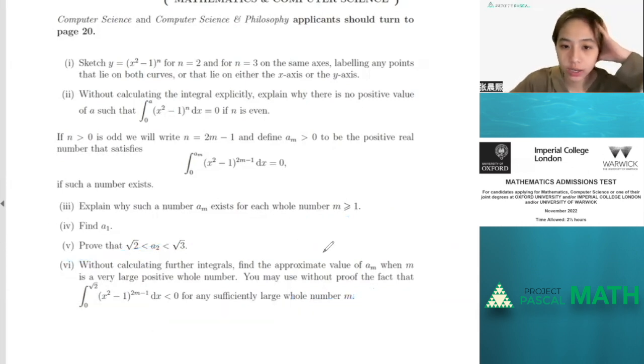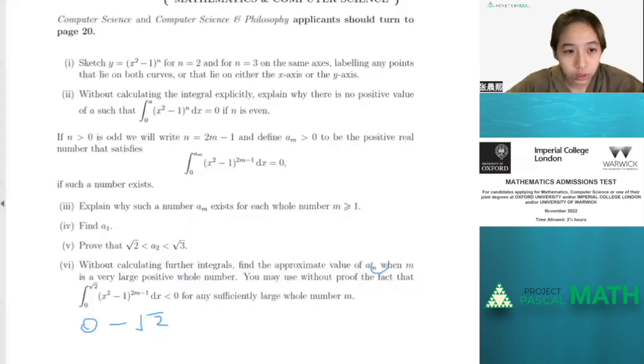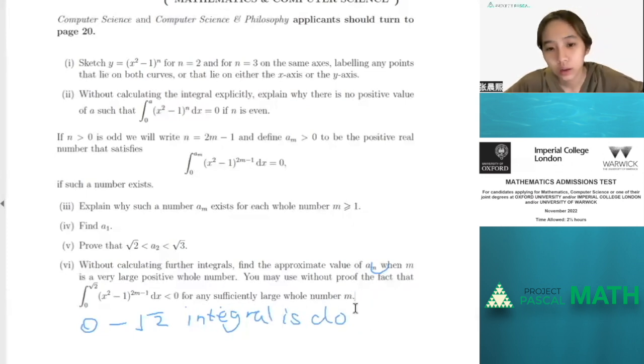Now I want you to find the approximate value of m when m is a very large whole number. From 0 to root 2, the integral gets close to 0 if m is large.